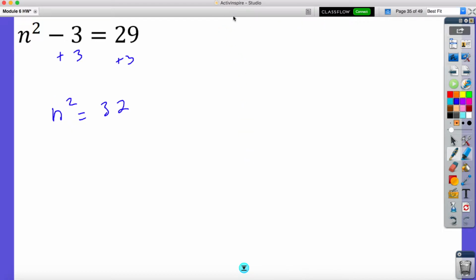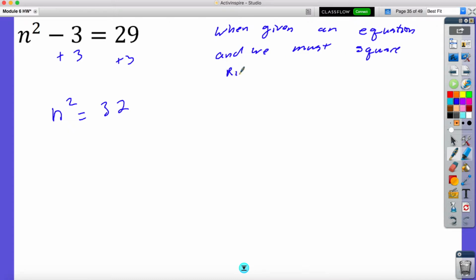Now here's a quick rule. When given an equation and we must square root both sides, your answer will have a plus and a minus.